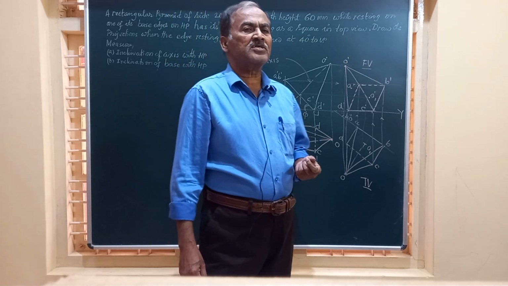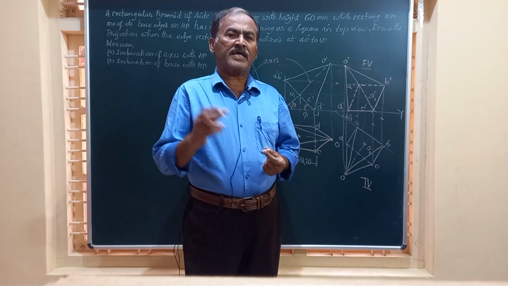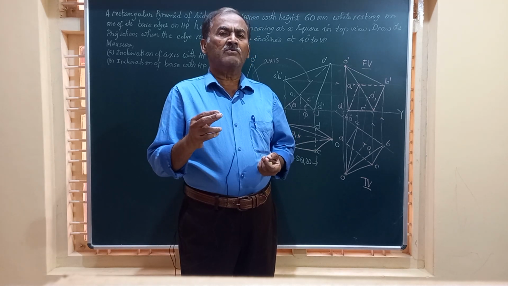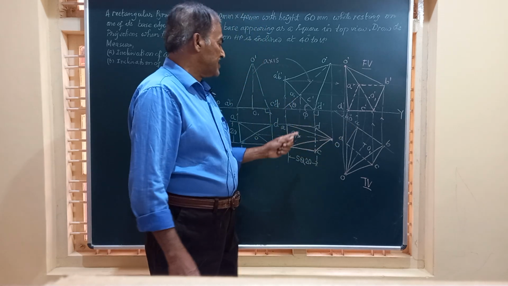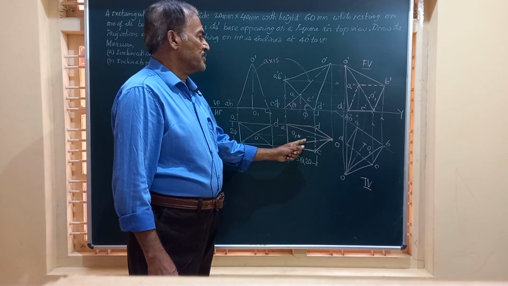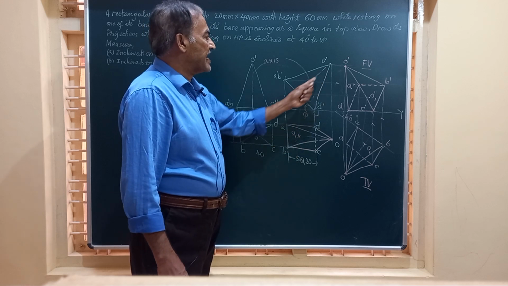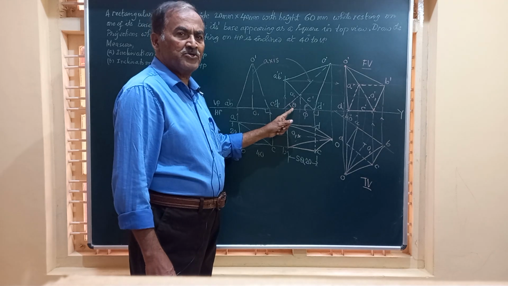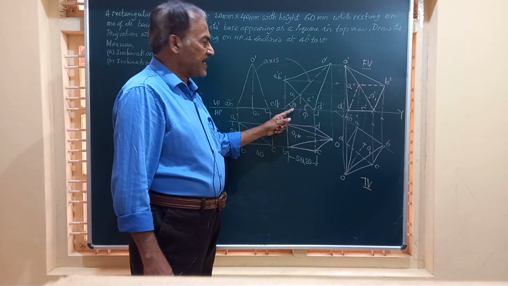Friends, this is how we obtain the projections of a rectangular pyramid when, while resting on one of the shorter edges, it appears as a square in the top view of side 20 mm. And we have found out for this position what is the angle made by the axis with the HP, that is theta, that can be measured using a protractor.